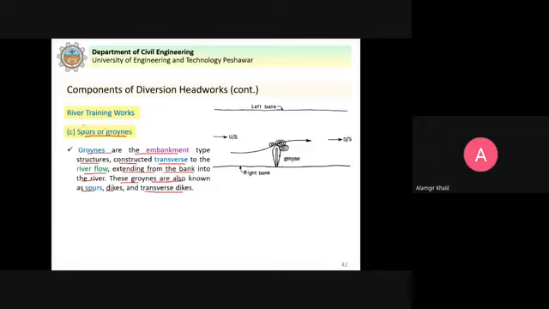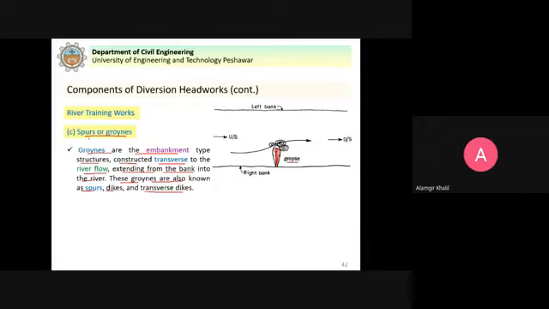You see, this is a groin here. This is a groin extending from the bank into the river.